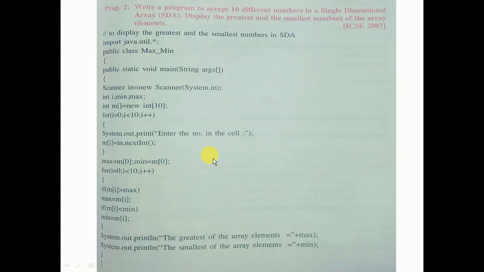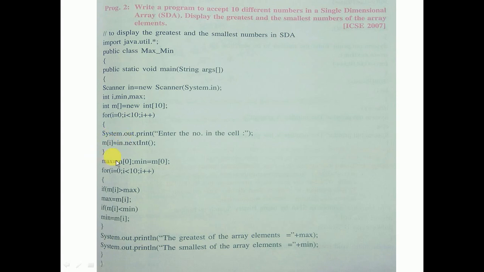Now next program, accept 10 different numbers in a single dimensional array, display the greatest and smallest number of the array elements. So import Java class, public static void main, scanner, common lines. They want to know minimum and maximum of 10 numbers. So array is declared. Loop starts, accept 10 numbers.